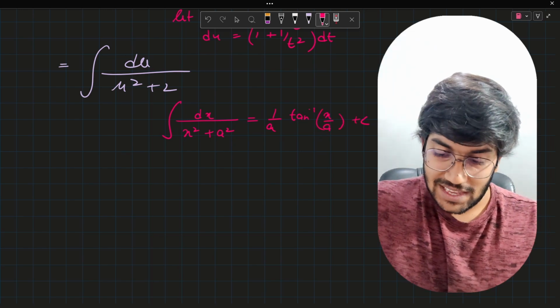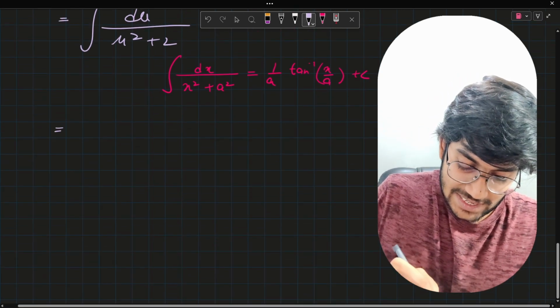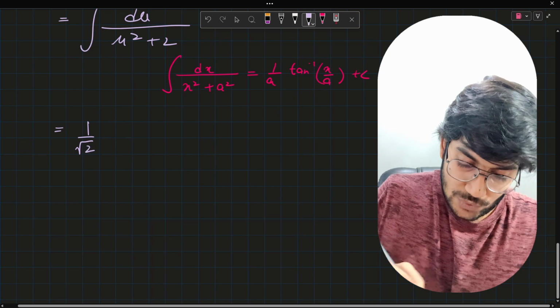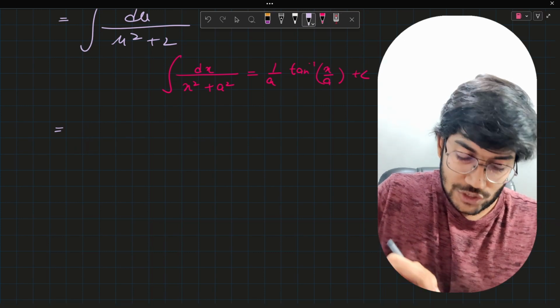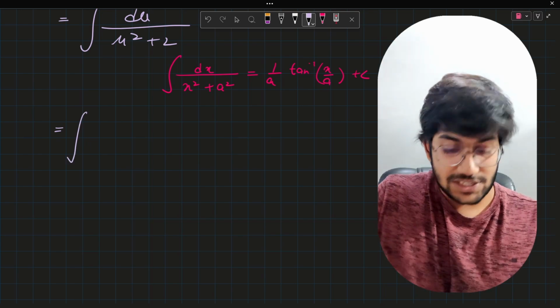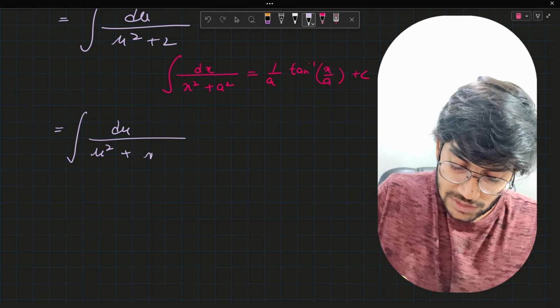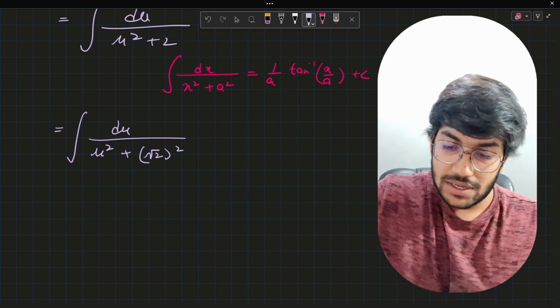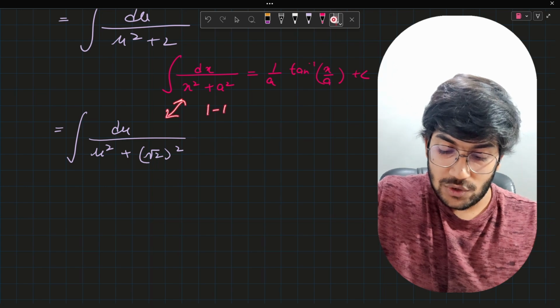Rather than this, let's do one step extra, that is du over u square plus root 2 whole square. So we now have a one-to-one correspondence.